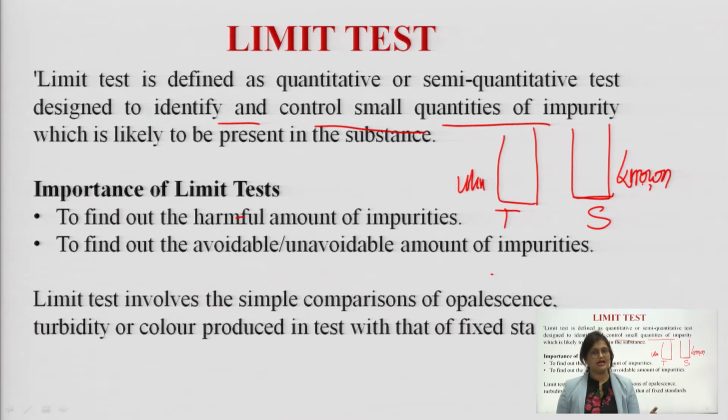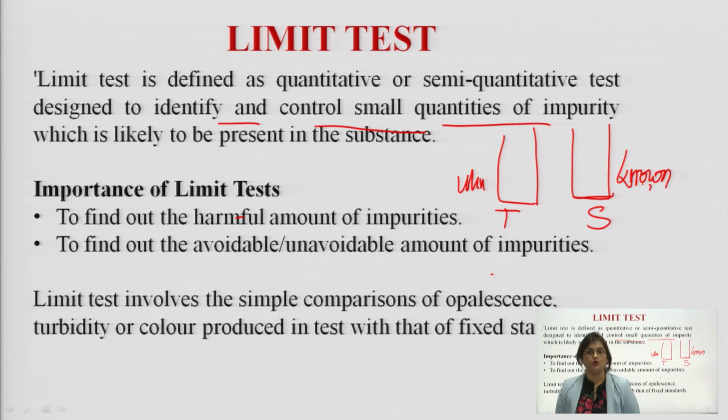We have a set standard value for a specific impurity. If my sample contains impurity lesser than that standard value, we know that our sample passes the limit test.